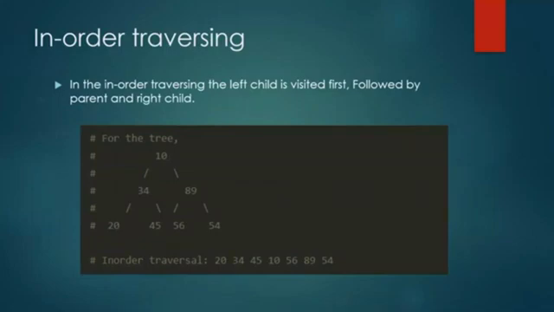Let us take the example of this tree: 10, 34, 8, 9, 20, 45, 56, and 54. Here we can see the leftmost child, 20, is visited first, followed by 34. Again, we are not reaching the parent yet, as it is visited in the middle. We go to 45 and then to 10. Here, 56, 89, 54 come last as they are the right children.